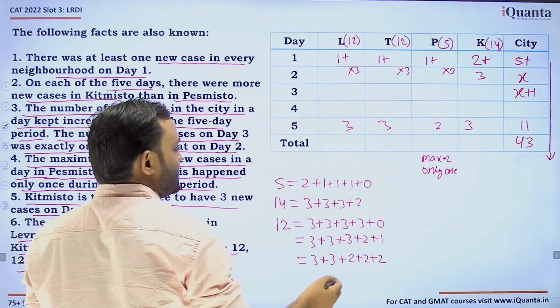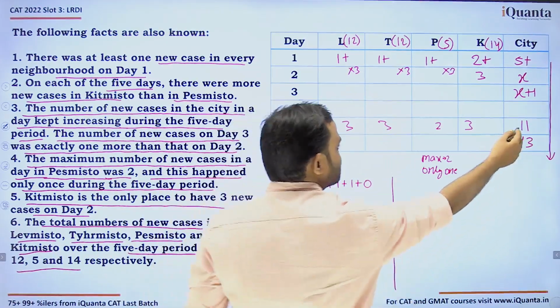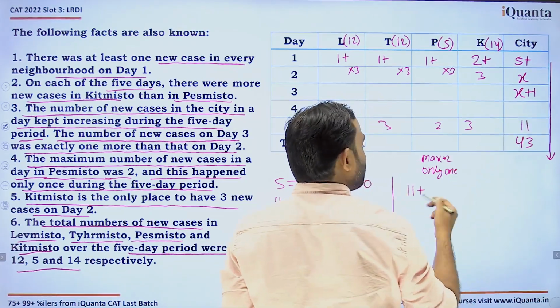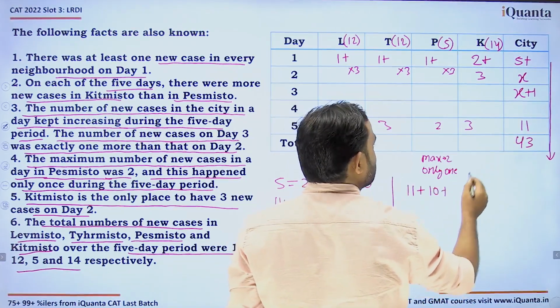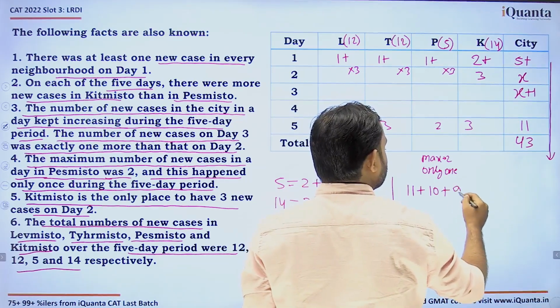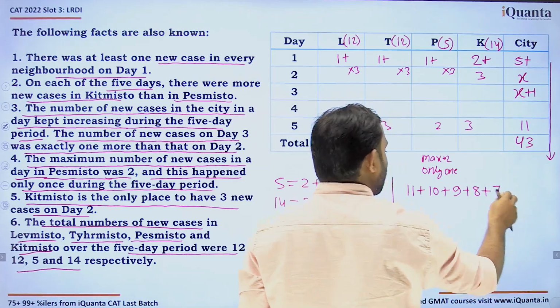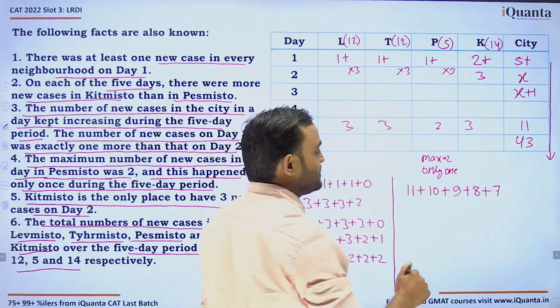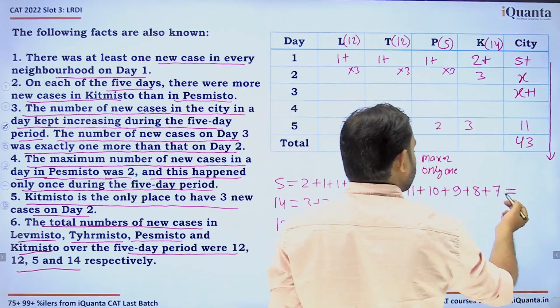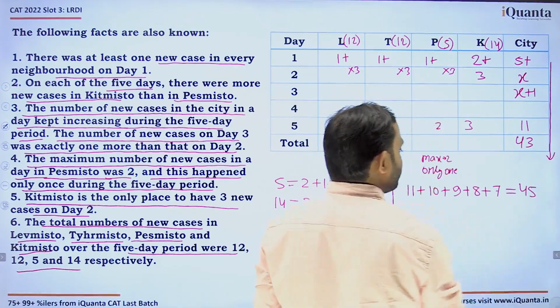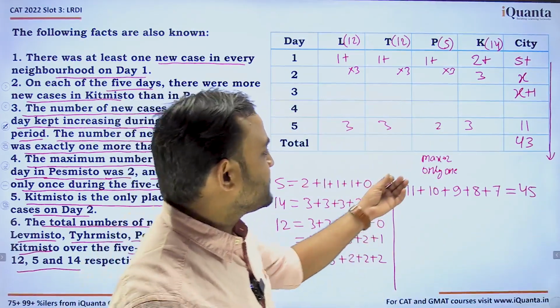So if we take this one as 11 maximum, then this one would be maximum 10. Next must be 9, then next must be 8, and then 7. These we have taken as maximum number of cases. If you add all this, we get 18 plus 18, 36 plus 9, 45. But we know that total number of cases is 43.